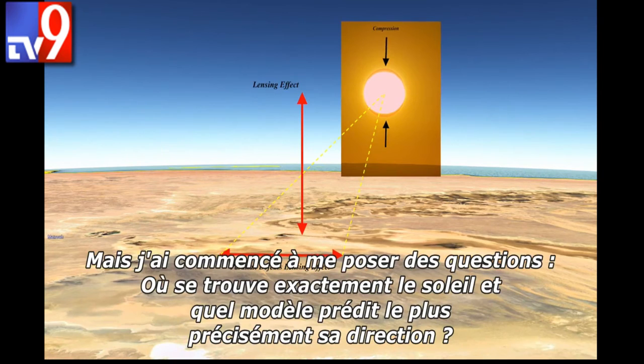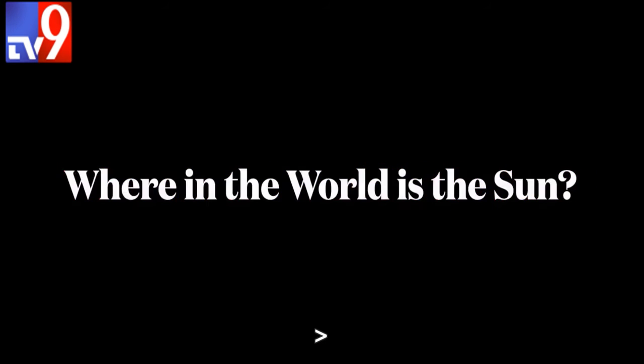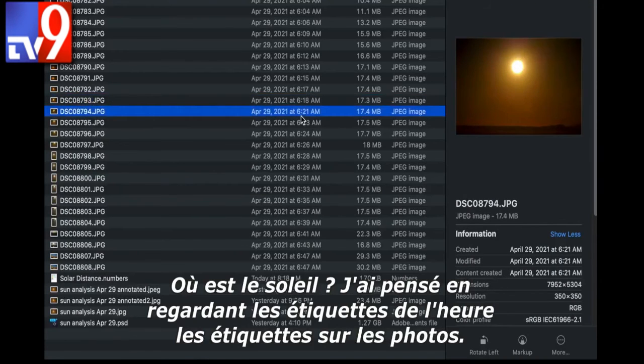But I started wondering, where exactly is the sun? And which model predicts its direction more accurately, the flat Earth or the globe? Where is the sun, I thought.